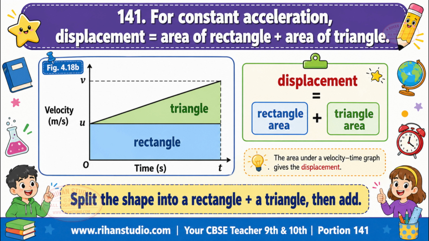For constant acceleration, displacement equals the area of a rectangle plus the area of a triangle. When velocity is changing, the line is slanted, so split the shape under the line into a rectangle and a triangle. Find each area and add them.